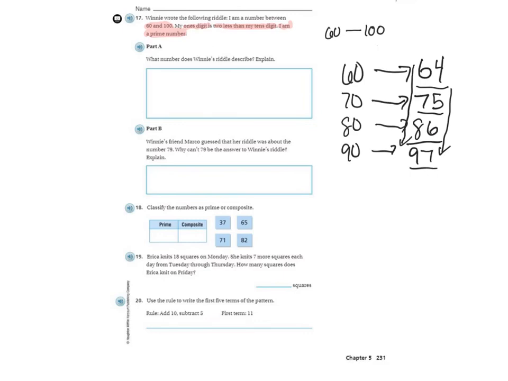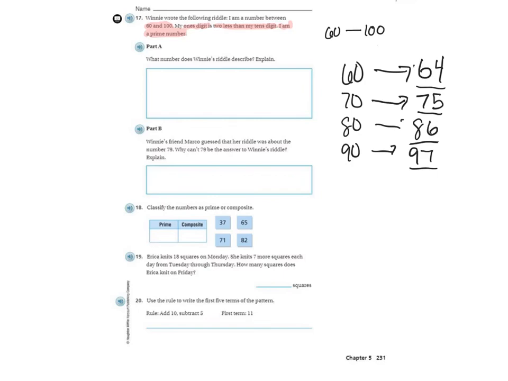Now if you are like, well, Mr. Carey, you have taught us the first 10 prime numbers, but we have no idea, well, let's use a little bit of process of elimination here. Let's do the ones that we do know. Any number that's even, with the exception of 2, is going to be a composite number because I can divide 2 into it.